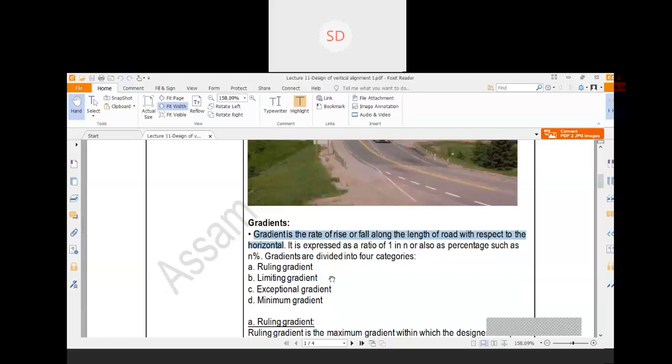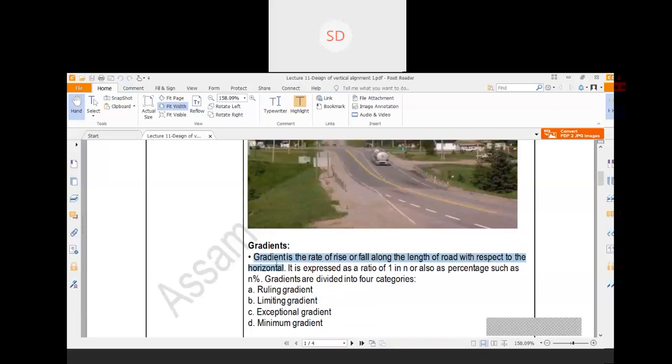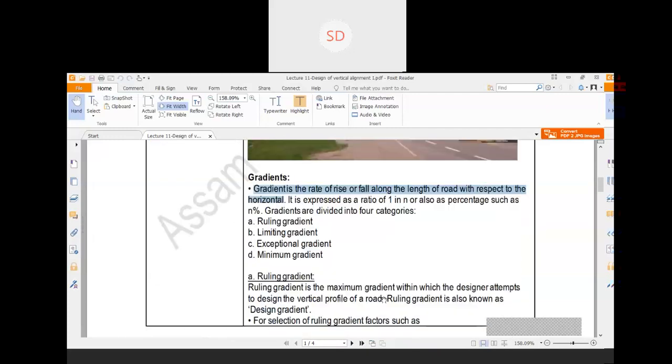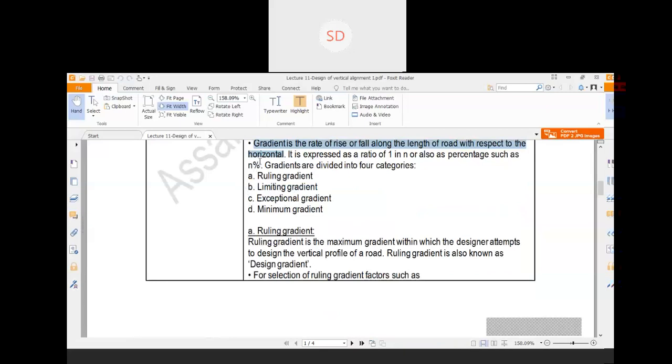There are four categories of gradient: ruling gradient, limiting gradient, exceptional gradient, and minimum gradient. The concept of gradient is the rate of rise or fall during the entire section of the road.